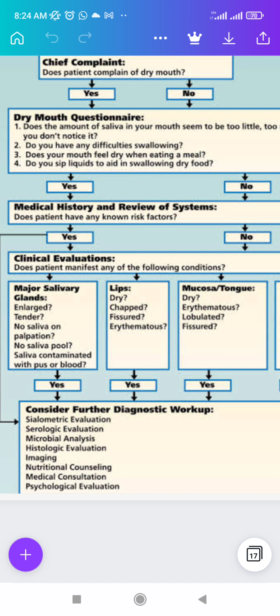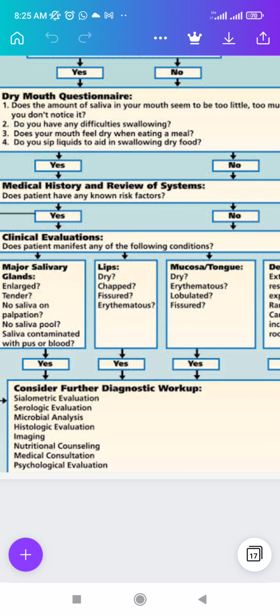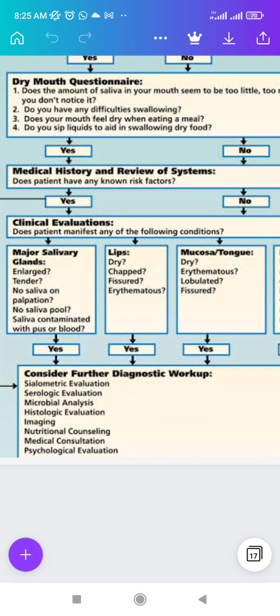Yes. Then clinical evaluation. Does the patient manifest any of the following conditions? If the patient has a risk factor of medical illness and there is dryness of the mouth, then elaborate the consequences of dryness of mouth by asking and checking the major salivary glands. Is there any enlargement, tenderness, no saliva on palpation, no saliva pool, saliva contaminated with pus or blood?